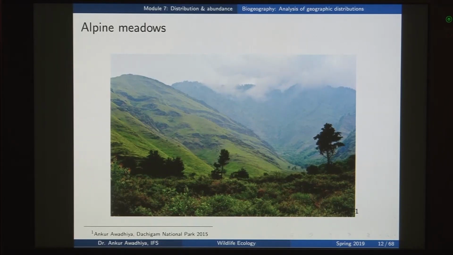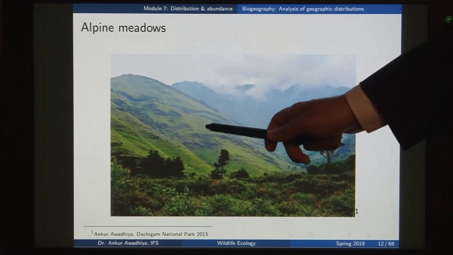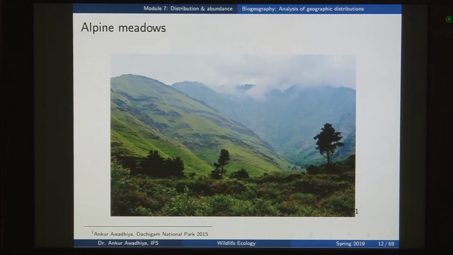Now, if we are asking the question, why are these particular species of grasses found in these areas, we will have to make a correlation between the requirements of this species and the actual climatic conditions that we have in this area. So, it is possible that the grasses growing here do not require a very high level of fertility, and they are tolerant to high wind speeds, and also tolerant to low temperatures.